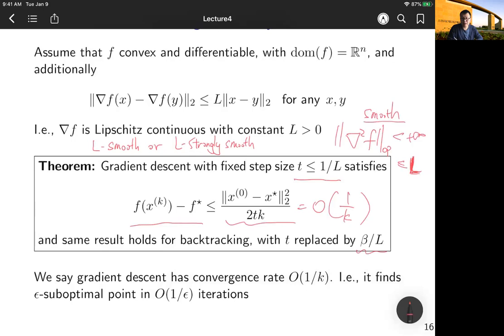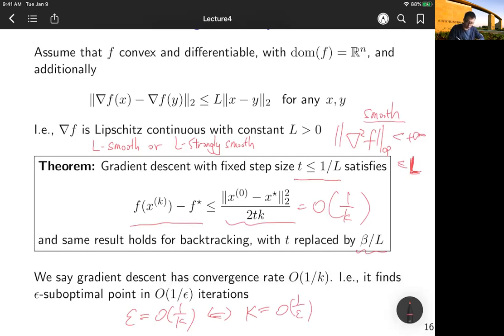So alternatively, we can talk about the iteration complexity. Iteration complexity measures, if we pre-specify the epsilon suboptimality gap that we want to achieve, how many iterations does it take to get to that point. So notice that if epsilon is on the order of 1/k, then this is equivalent to saying that the k that achieves this epsilon is on the order of 1/epsilon.